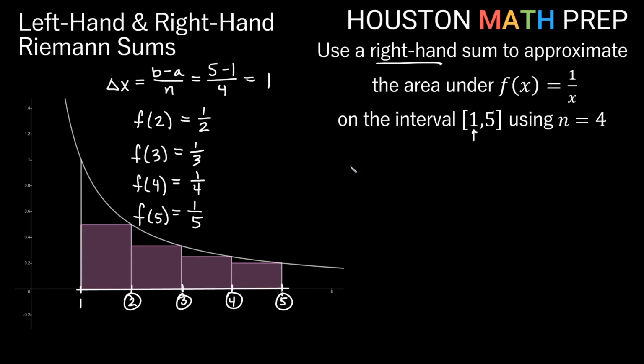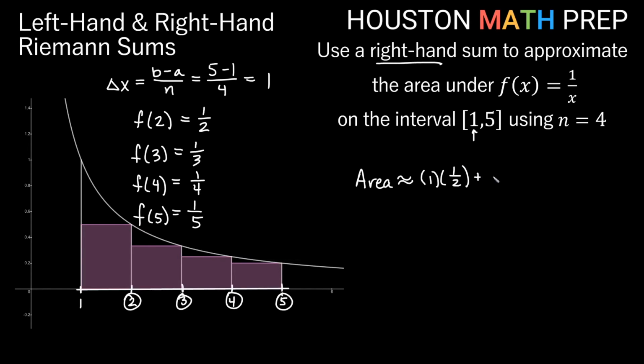So now our area approximation, we'll go ahead and say area, and we'll put a little curly equal sign here to show that we're approximating, is just going to be our width times our height for each. Now our width for each is 1, right? So we'll have 1 times 1/2. That will be the area of my first rectangle.